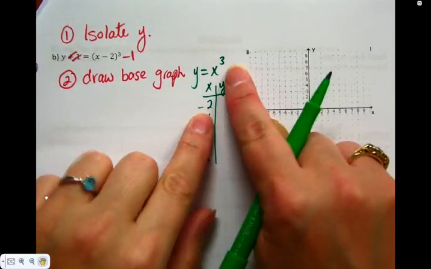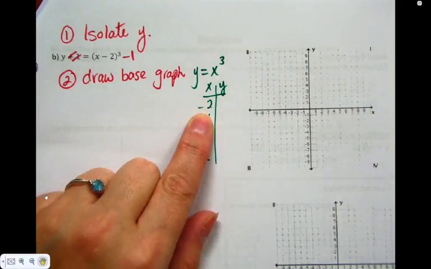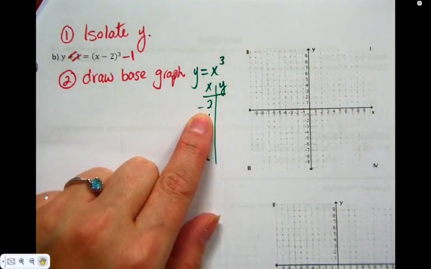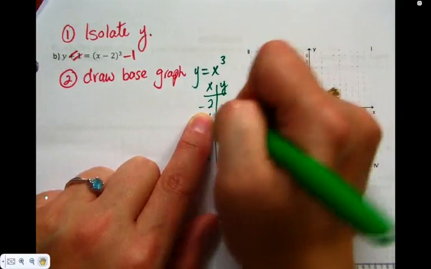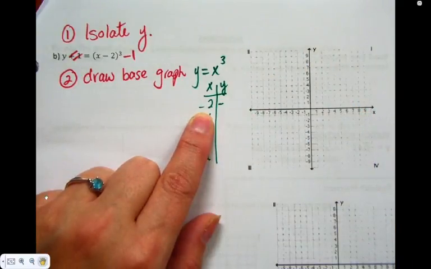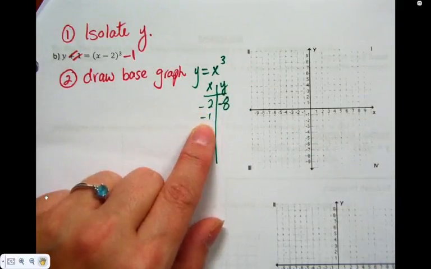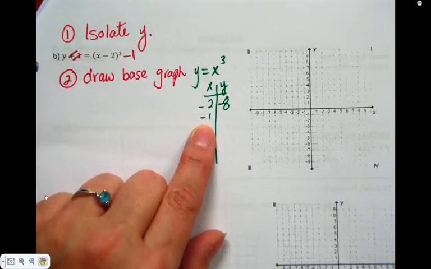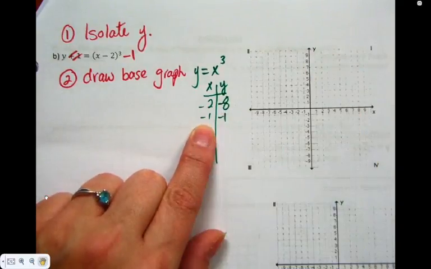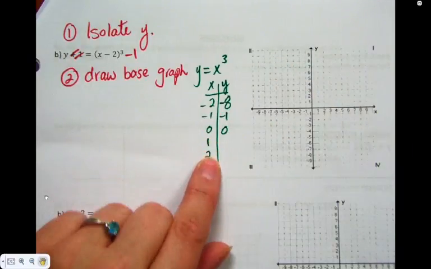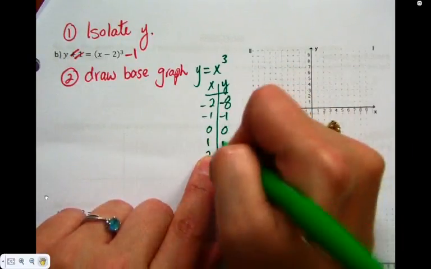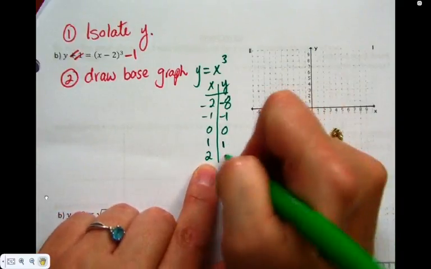Okay, so if I put in negative 2 cubed, so negative 2 times negative 2 times negative 2, 2 times 2 times 2, 8, negative 8. Negative 1 cubed, negative 1 times negative 1 times negative 1, negative 1. 0 cubed, 1 cubed, and 2 cubed.